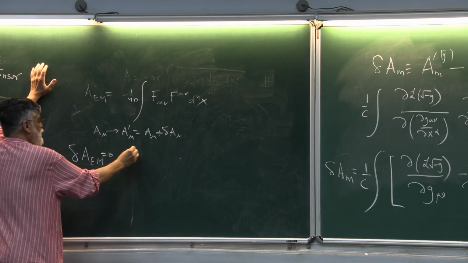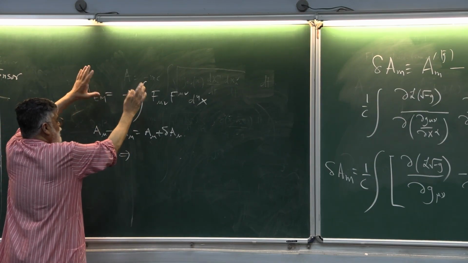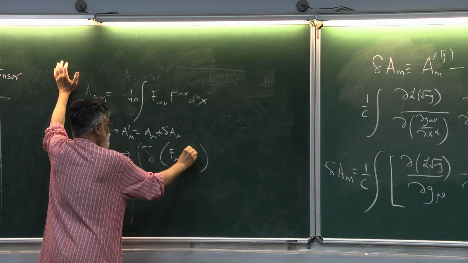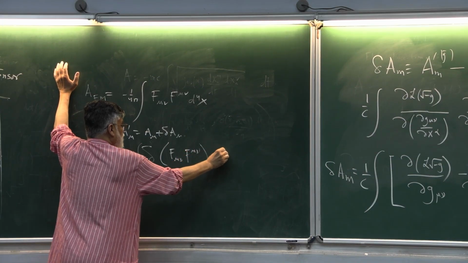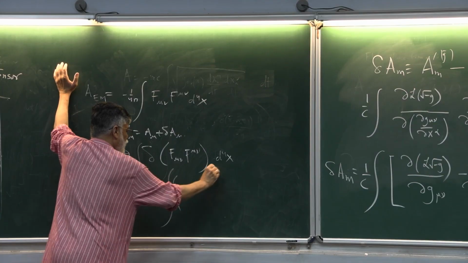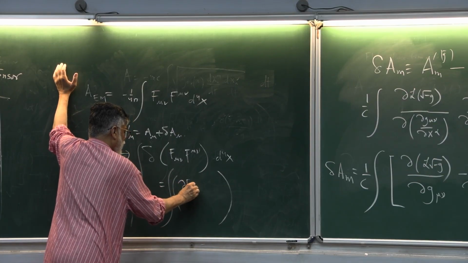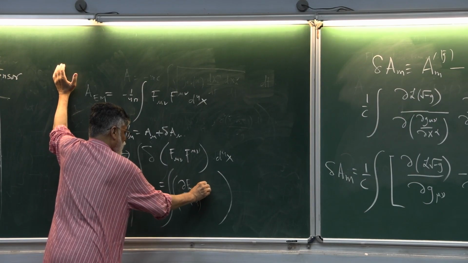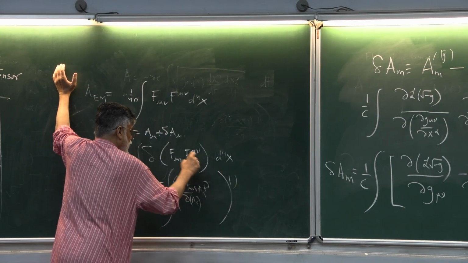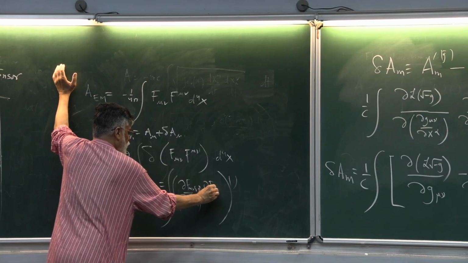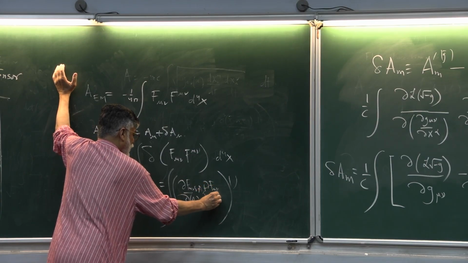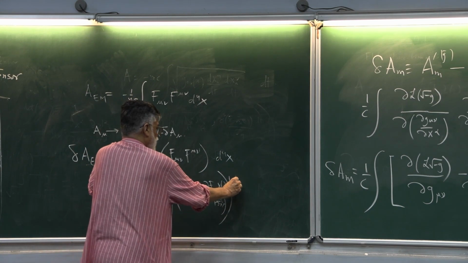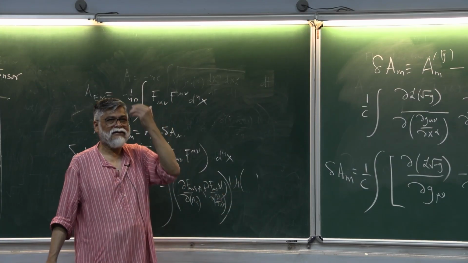That means delta of F mu nu F mu nu integral d4x is 0, and then you can show that this is all del F mu nu by del A alpha, delta A alpha, plus, I mean, same thing to be done for F mu nu upstairs also, plus del F mu nu by del (del A alpha by del x beta), del of all that, and same thing for the upper one, and set it to 0, you get your Maxwell's equation.